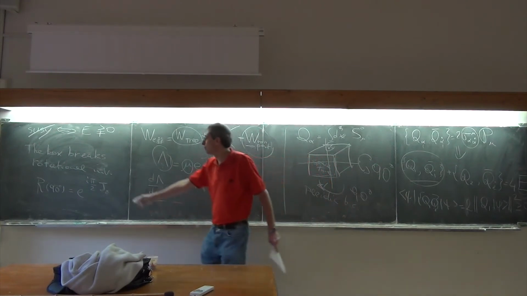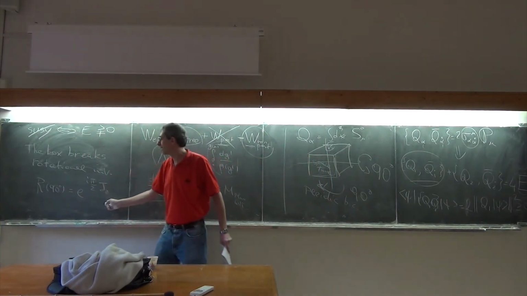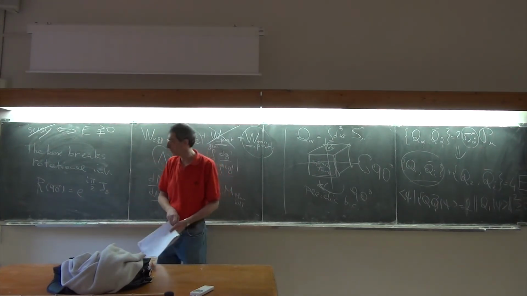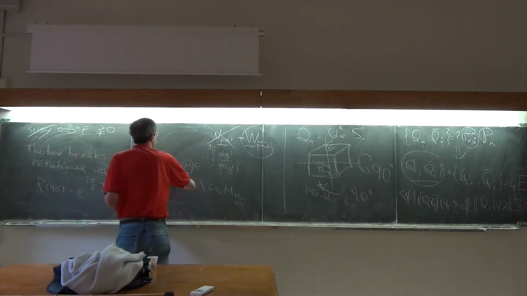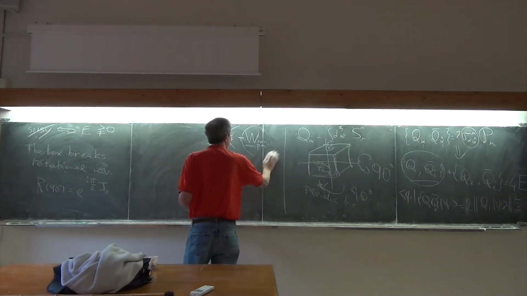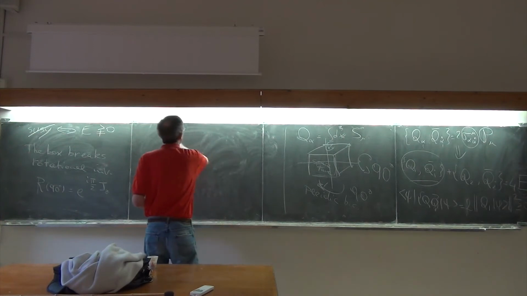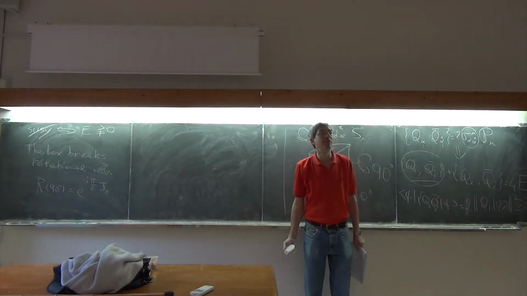That thing, J, will act on that thing and will give me something. And this object here is well defined. This is a symmetry of the theory. Not for any alpha, but for pi over 2 it is a symmetry of the theory. So remember now that one of the cutest things you learn in elementary quantum mechanics is that fermions don't come back to themselves when you do a rotation by 2 pi, right?